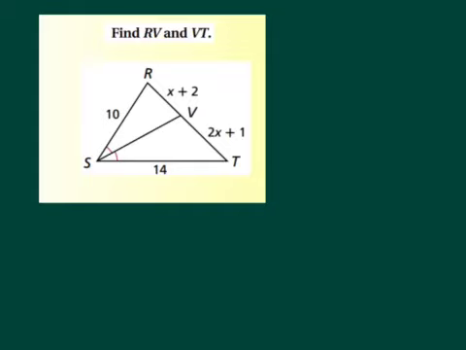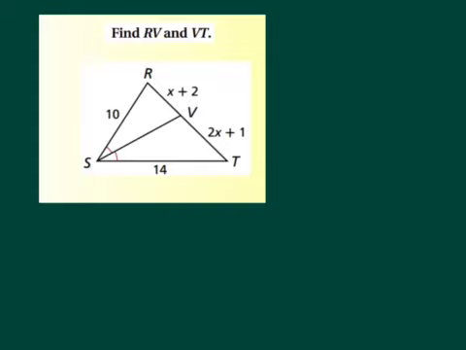We have this triangle SRT, and we have an angle bisector. Angle S is bisected by segment SV. So we can use the triangle angle bisector theorem to set up the problem, solve for x, and then plug x back in to solve for the lengths of RV and VT. So let's go ahead and do that.